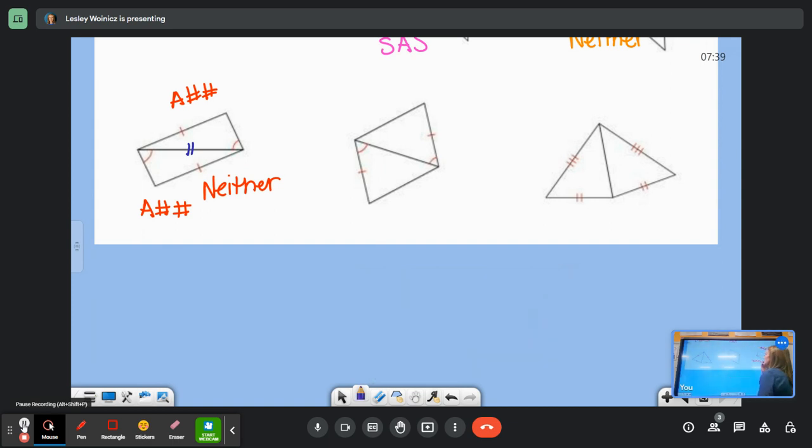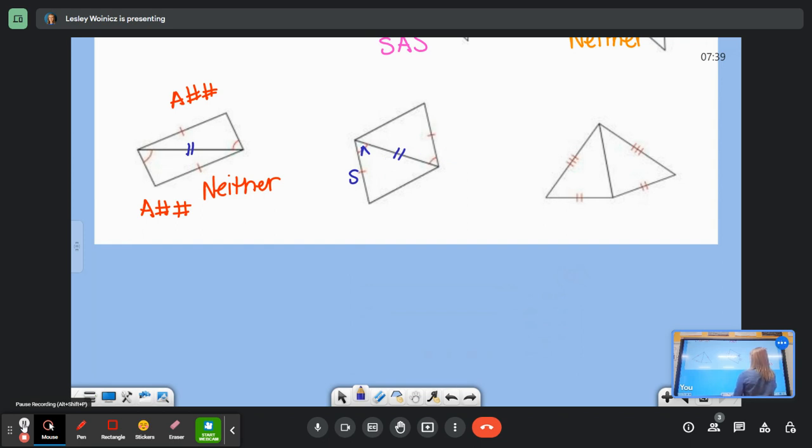Now, this one. I have two congruent sides. I have another side that's shared, that's congruent to itself by the reflexive property. So for this one, I have side, angle, side. And then for this guy, I also have side, angle, side. So these are congruent by side, angle, side.